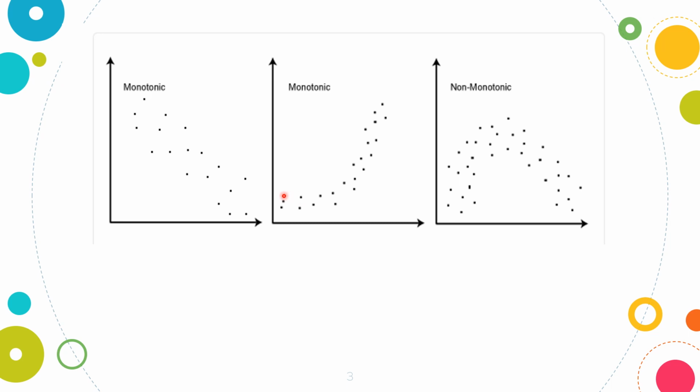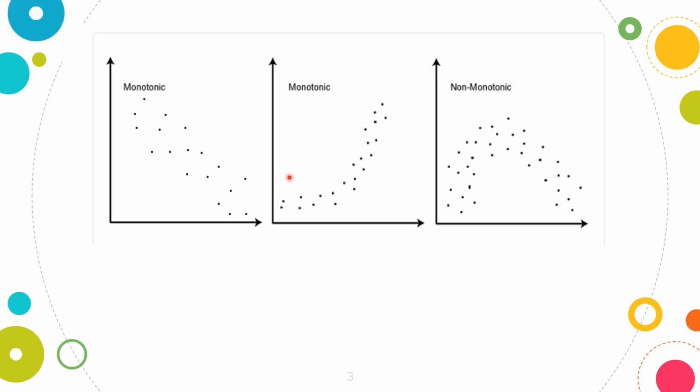Pero ito kasi, same yung direction natin, pero hindi constant yung rate natin. Okay? Medyo may pa-curve, ganyan. But for linear, pag ganito kasi, diretso siya as in line yung direction ng mga points natin. So, that is the difference between the monotonic and the linear relationship.